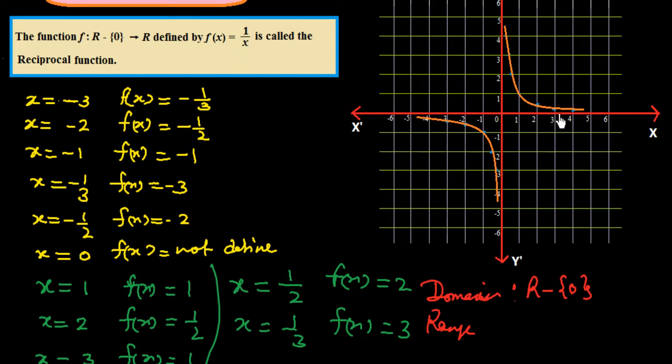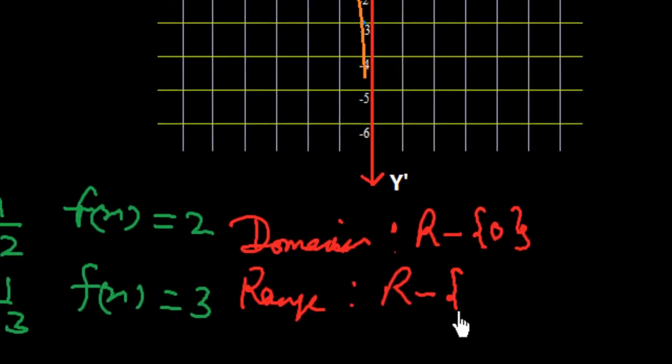So you see it won't touch this x-axis, and here also on the left side, this graph won't touch the x-axis. So y is not equal to 0. So we get here that the range is also R minus 0.